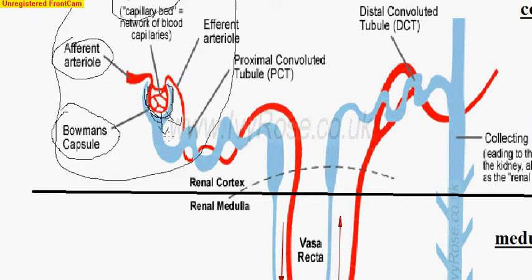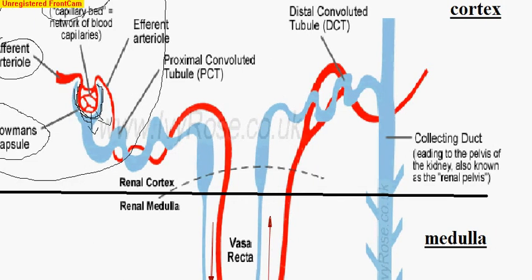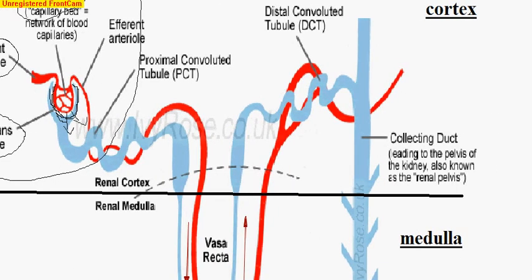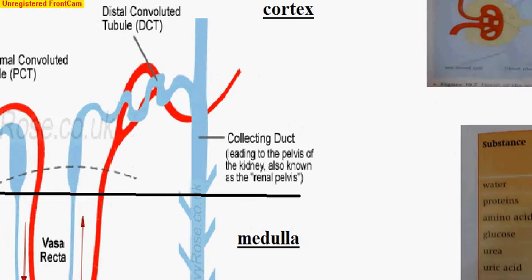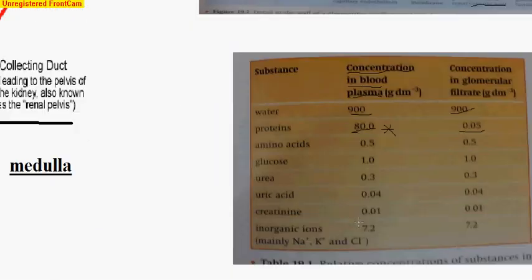Now we will move to the glomerular water movement. Now water movement over here is very interesting. We might wonder, where does the water move and why? So why does the water move inside here? Because look, if you think about it, the concentration here has so much more protein.